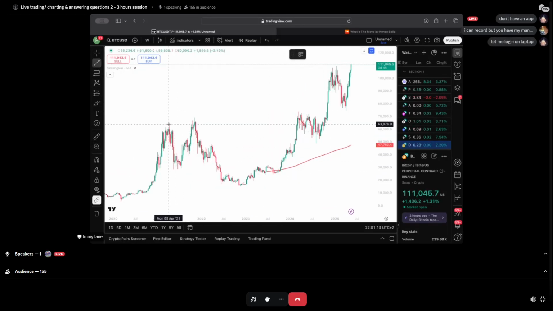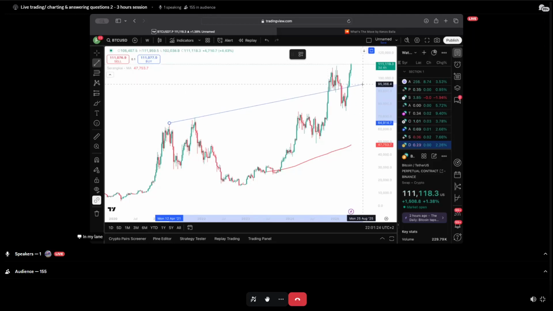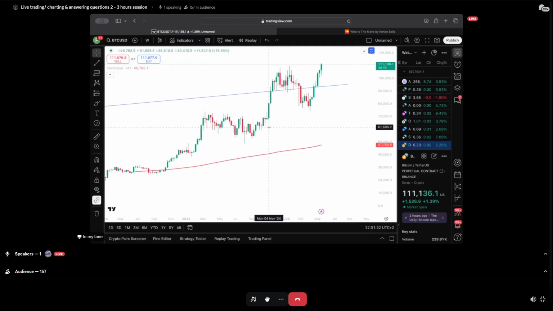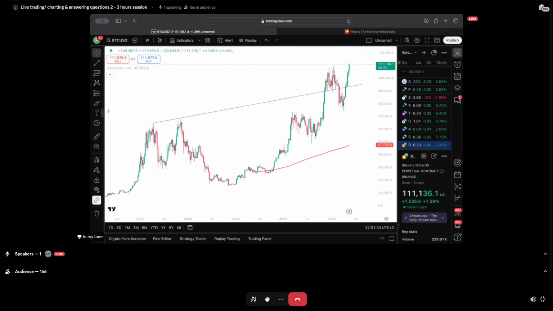So you can actually see here. You can start from this place. Like first you need to get all the trend lines right. Then you can start drawing the support and resistance levels. This one. And I have another one.